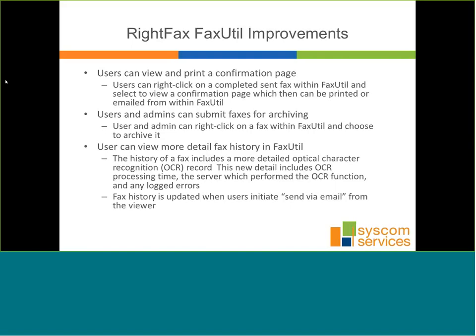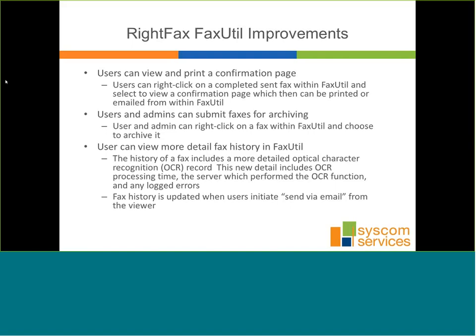And users can view a more detailed Fax Util history. You probably noticed over the last year or two, as improvements are being made to RightFax, that in Fax Util, when you look at the history, more and more information is being appended to that history. OpenText is continuing down that path.